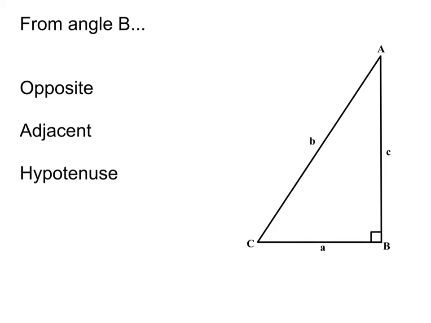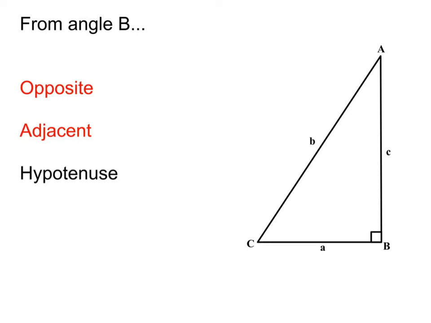Now you might be wondering, what if we go from angle B? What do we call it then? Well, this actually gets a little bit tricky because if we want to know the opposite side from angle B, notice that's side B, which is also the hypotenuse because that didn't change here. And so we're never going to be told that we're going from angle B as our angle because it always has to be one of the other angles that we go from.